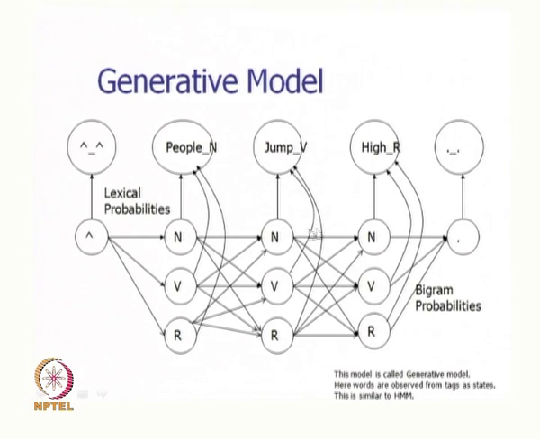When we come to the words, people, we have seen, can be noun or verb, and R stands for adverb. Jump can be noun or verb, R stands for adverb again. High can be noun or verb, R stands for adverb. And what we have here is a set of hypothetical tags for these words, and we have to choose the best possible tag sequence.